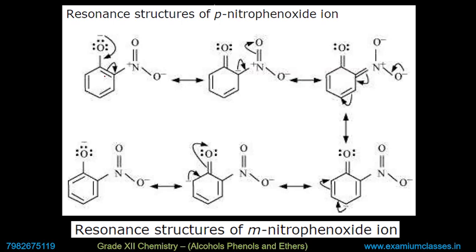Now the resonance structure of meta-nitrophenoxide ion. Again the same thing, exactly the same thing. Electron transferred, bond broken, then here again electron transferred, bond broken. Then back, electron transferred, bond broken.